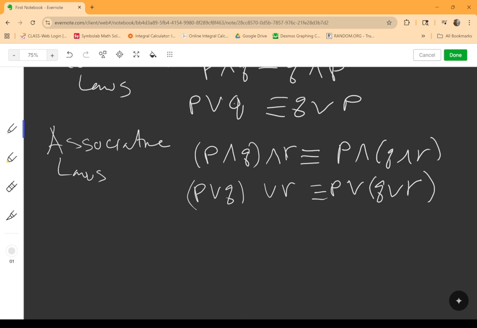Let's start with our distributive property.